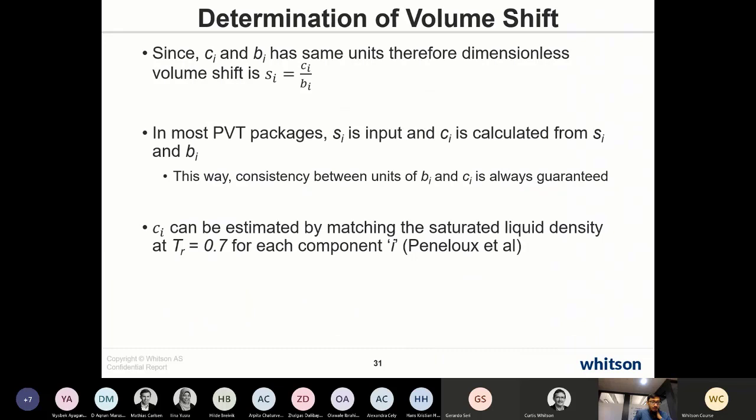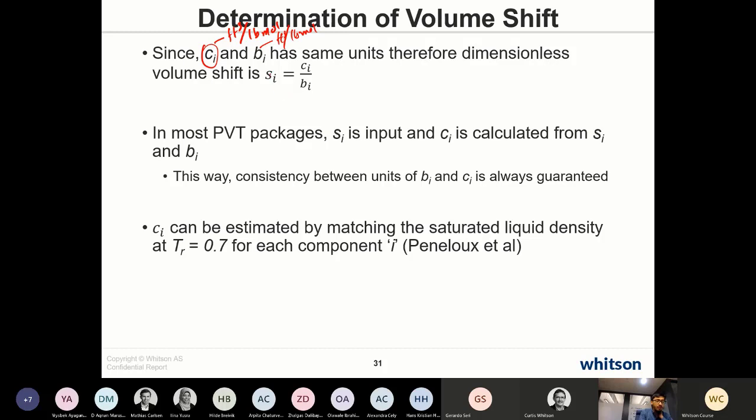Yeah. So now just some more information about the volume shift. For each component, the value of C is the volume translation, and we discussed this before. It has the same unit as the molar volume, because it is directly being subtracted from the molar volume. And this B term also has the same unit.